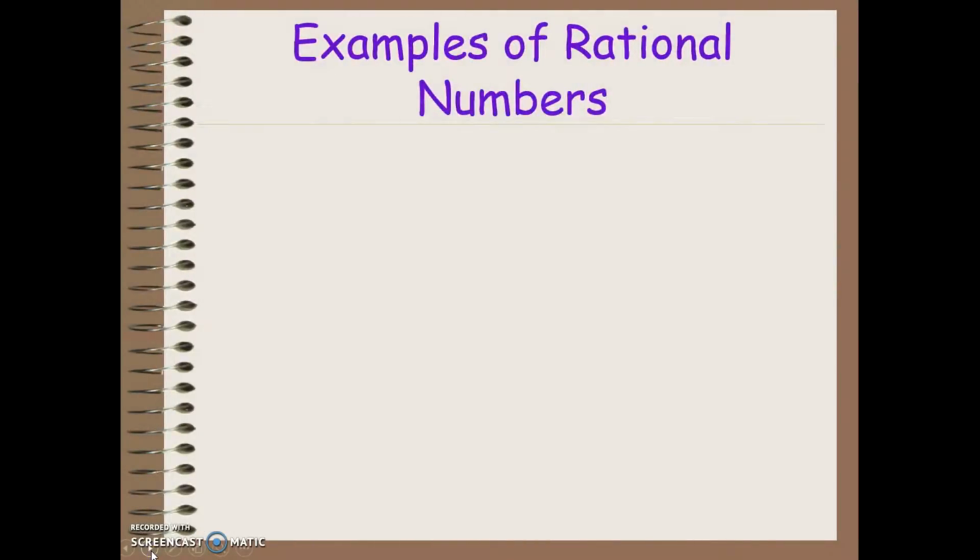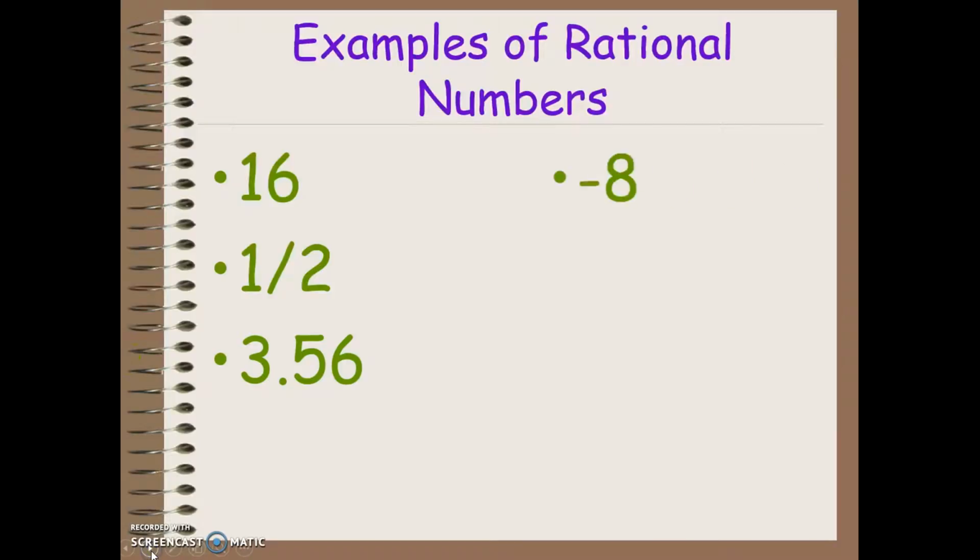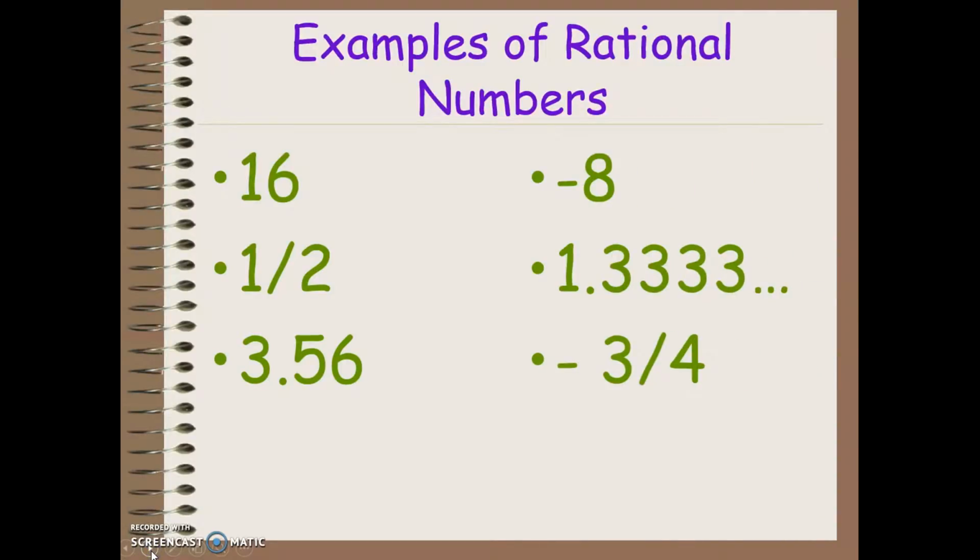Here are some examples of rational numbers. You see a whole number, a fraction, a decimal, a negative number, a repeating decimal, and a negative fraction.